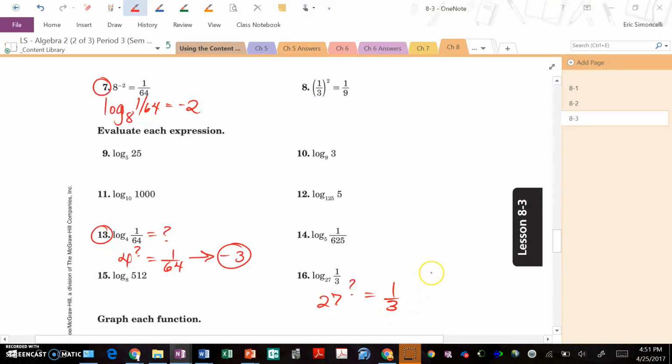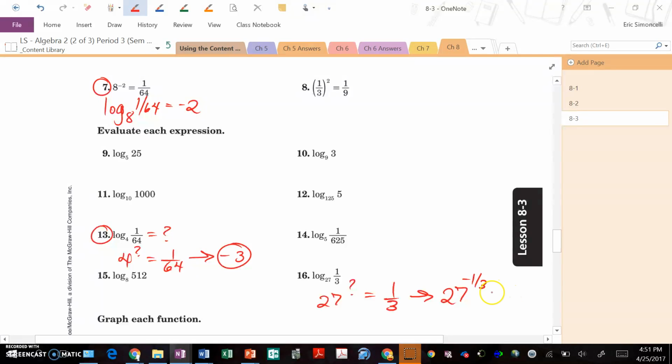We could still do this, though, considering the fact that 27 happens to be a perfect cube. Noting this, we can say that 27 to the 1/3 power is in fact 3. But let's be careful. 27 to the 1/3 power, yes, that's 3, but we don't want 3, we want 1/3. So what if we made it negative 1/3?